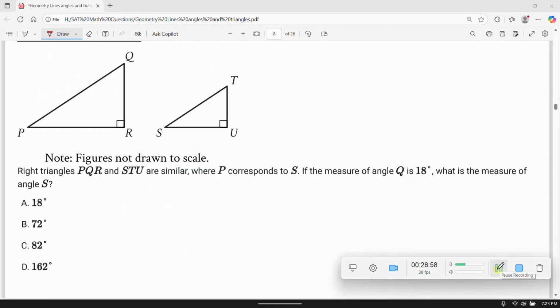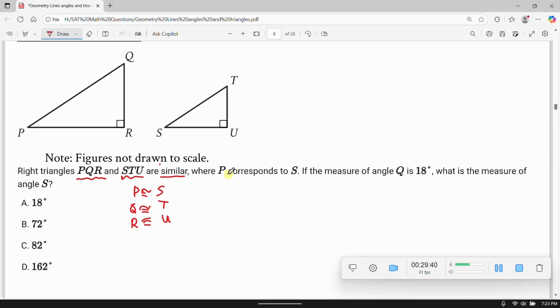So make sure that you understand whenever they put this in order, they do it for a reason. Whenever you have two triangles that are similar, the length of each of the sides are proportional, but the angles are the same.